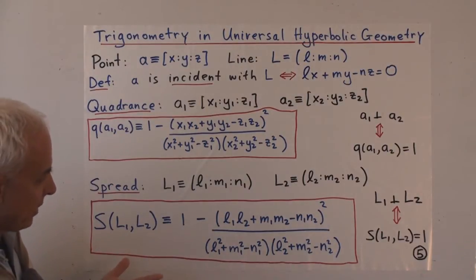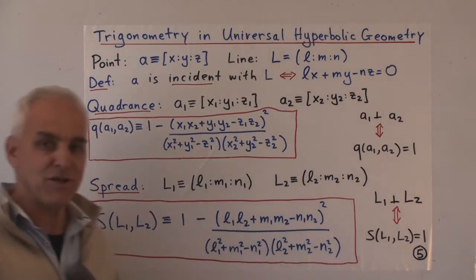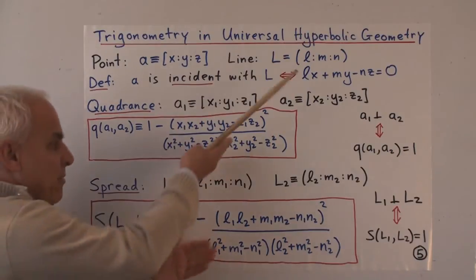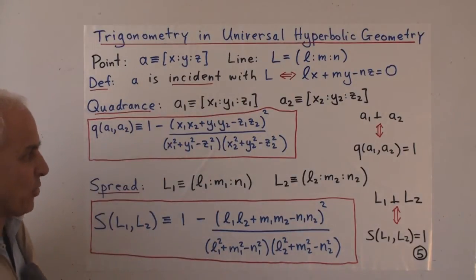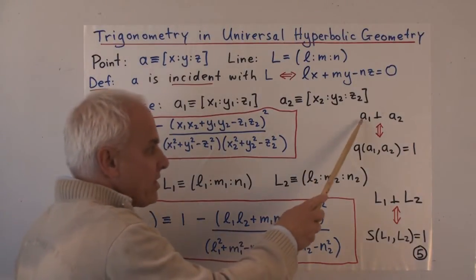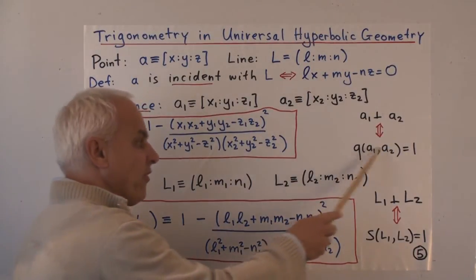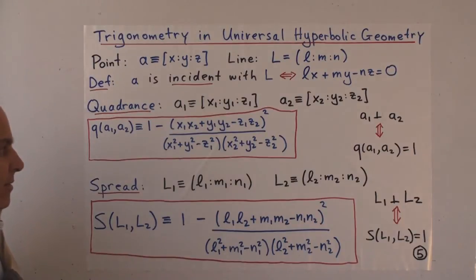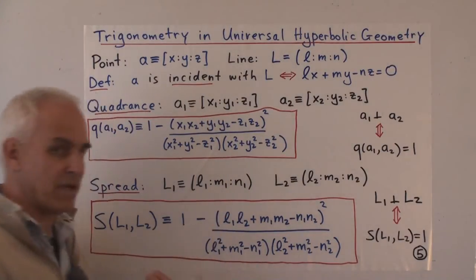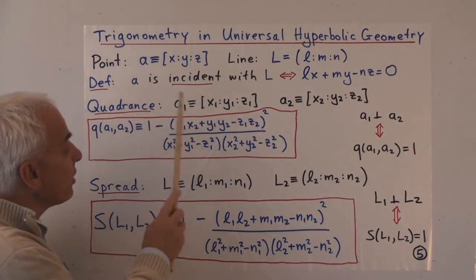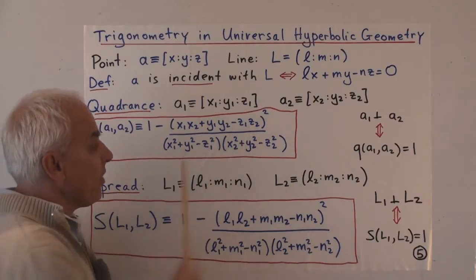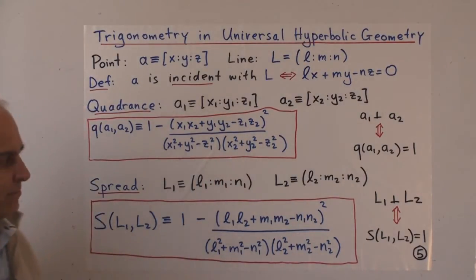And once we've done that, then duality almost obliges us to say the same thing for points. So we define points A1 and A2 to be perpendicular precisely when the quadrance between them is equal to 1. So these 2 points are perpendicular precisely when q1 q2 plus y1 y2 minus z1 z2 is 0.